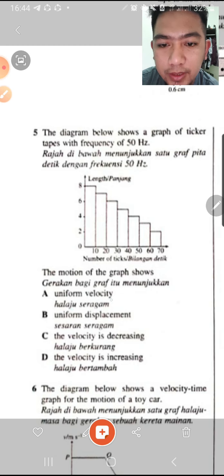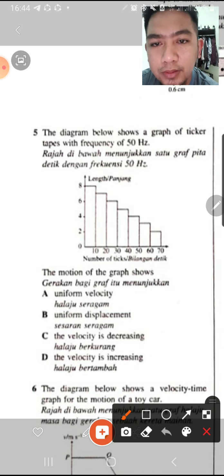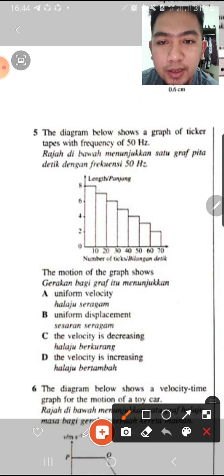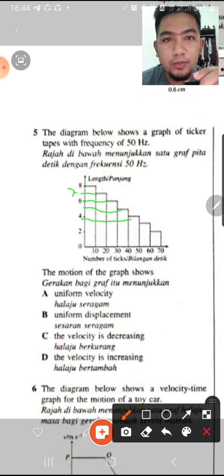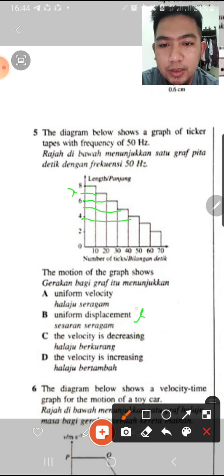Uniform displacement is even more wrong, because why is uniform displacement wrong? It means the displacement is the same. If we look here, the lengths are different. Here 7, here 8, here 6, here 5, here 4. So it is not uniform displacement, it is different displacement. So this one is wrong.